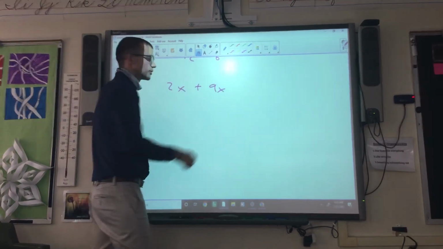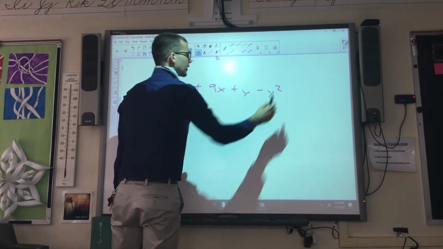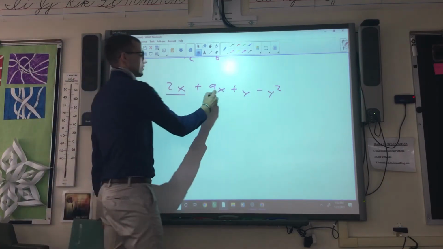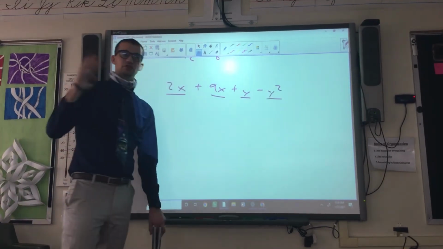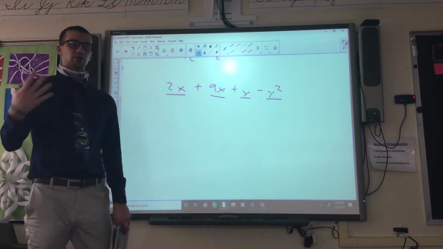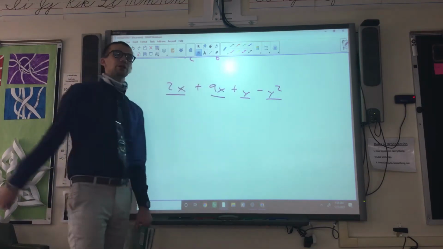You could even say plus y minus y squared, whatever you want. You can keep adding stuff on there. Basically it just has different terms. Remember, terms are separated by addition and subtraction. If you don't have any addition or subtraction, it's all multiplication or division, then that's considered one term. So that's what an expression is.